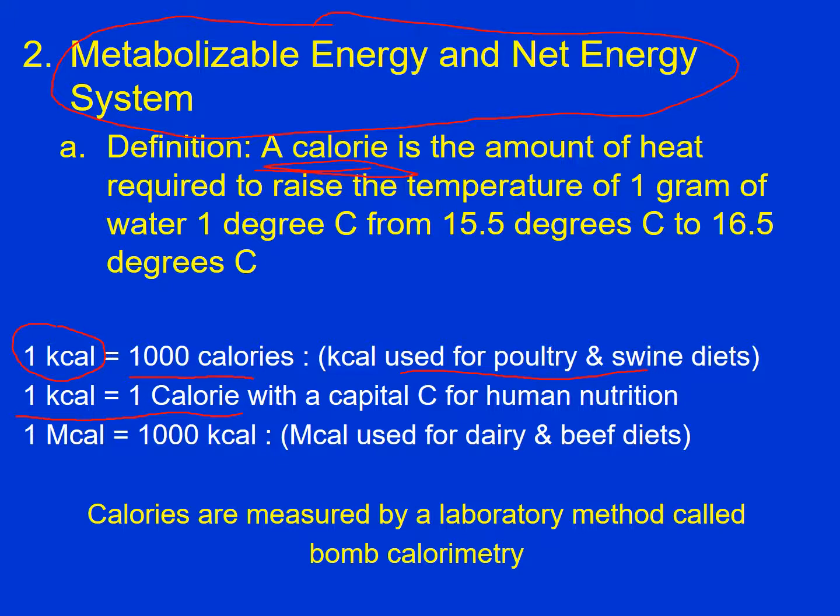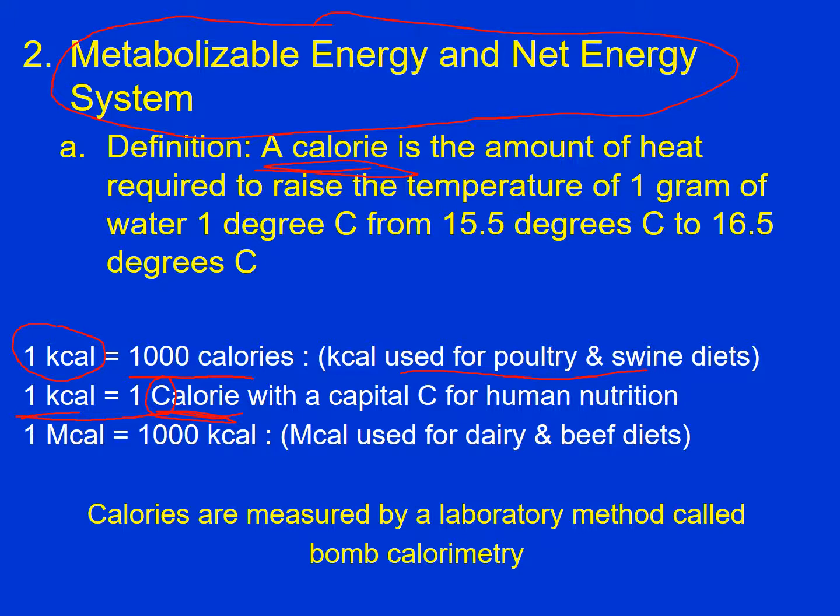So in human nutrition, way back when, someone decided, hey, we don't want to talk about kilocalories. That sounds kind of complicated. We'll just call it calories, and we'll always use a capital C so people know we're talking about kilocalories.